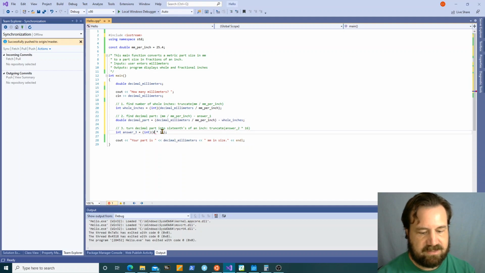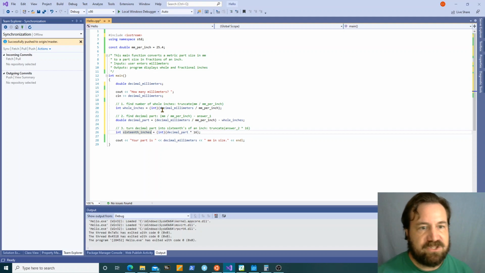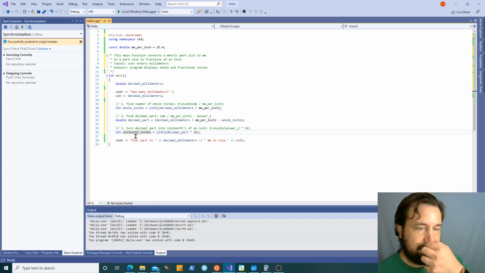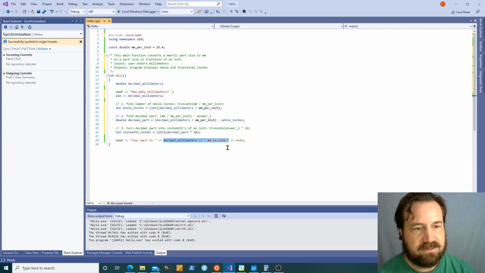Okay. And this is going to be 16th inches. So now when I read my code, whole inches is decimal millimeters over millimeters per inch, truncated to an integer. Decimal part is decimal millimeters over millimeters per inch minus whole inches. 16th inches is decimal part times 16. That's much easier to read than answer 1, answer 2, answer 3, right? And that also helps me construct my final output statement.